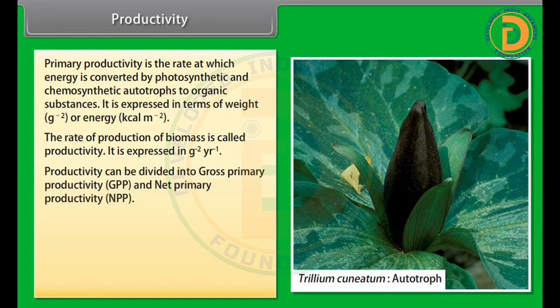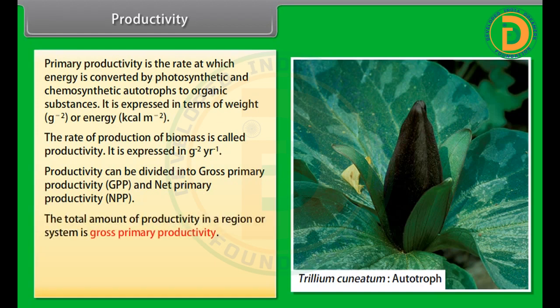Productivity can be divided into gross primary productivity (GPP) and net primary productivity (NPP). The total amount of productivity in a region or system is gross primary productivity.